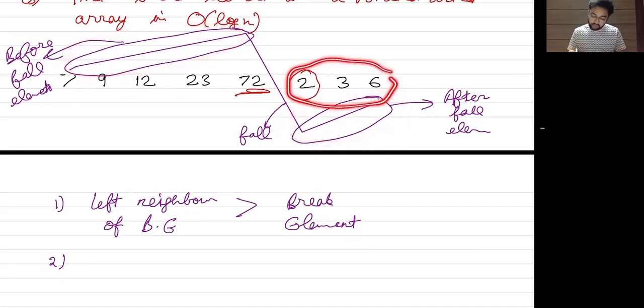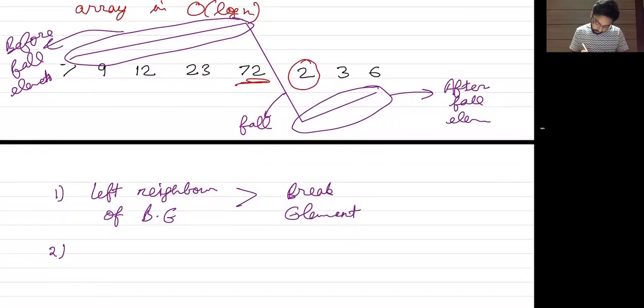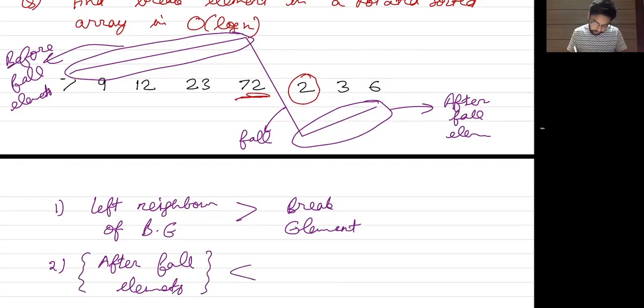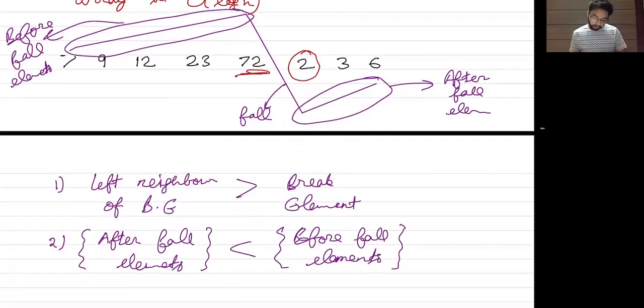Why? Because this was originally a part of this array when the array wasn't rotated. So let me just write it down: after-fall elements are lesser than before-fall elements, right?